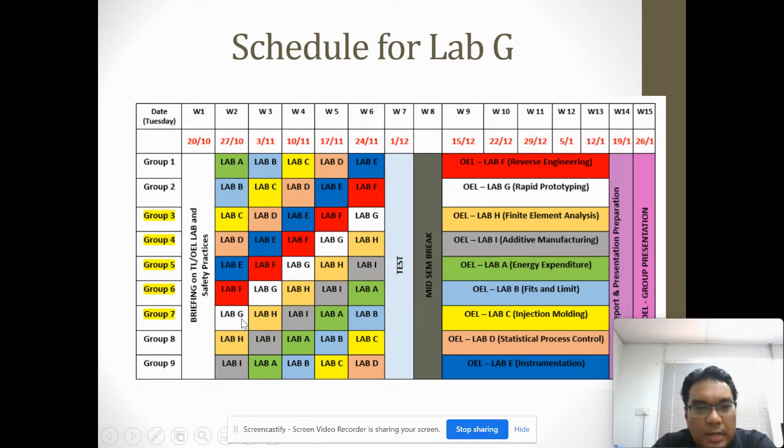Then on the 3rd of November is group 6, the 10th of November is group 5, the 17th of November is group 4, and finally the 24th of November is group 3. So only 5 groups will be conducting this lab, and then you will have a test.